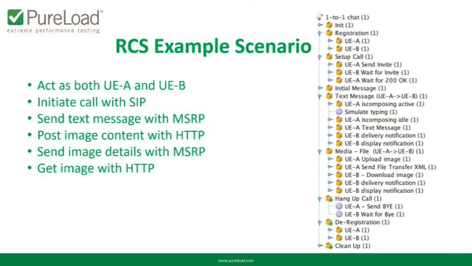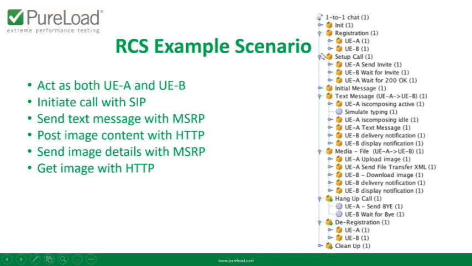If we look at an RCS example scenario, PureTest and PureLoad can act as both UE A, so the A side, and the B side. And here we see an example where we initiate a call with SIP.